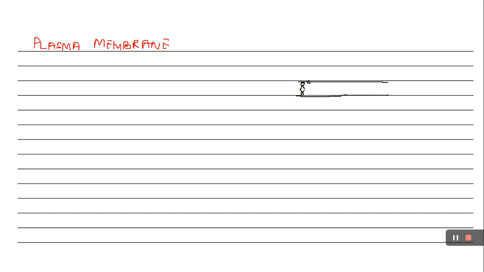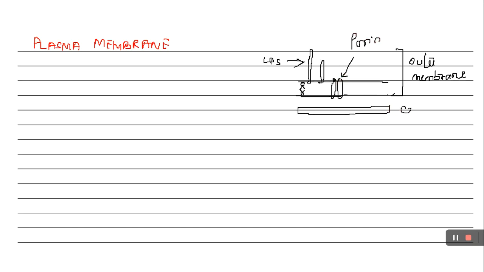If this is the lipid layer, these are lipopolysaccharide, LPS, and this is outer membrane, and here are some channels named porin channels. So next to the outer membrane is what? It is cell wall.